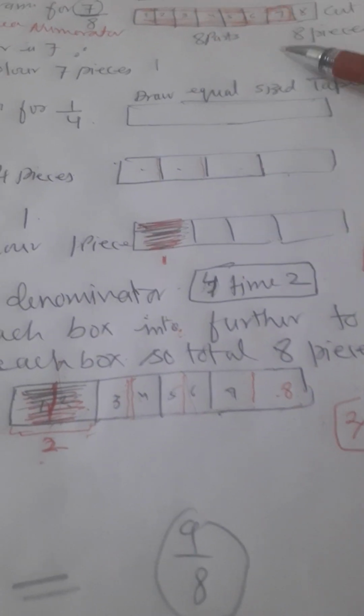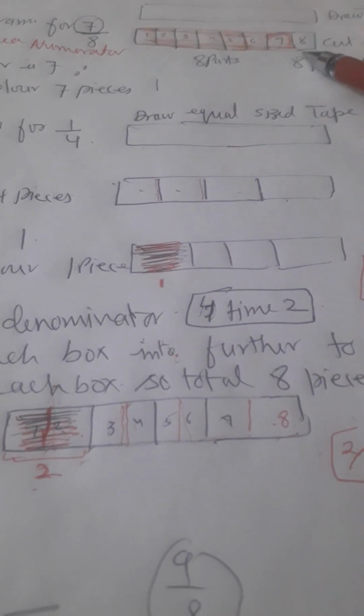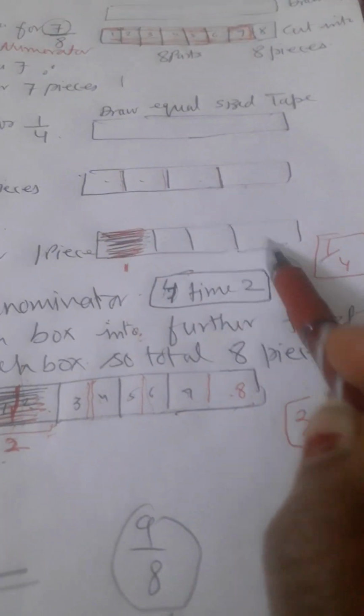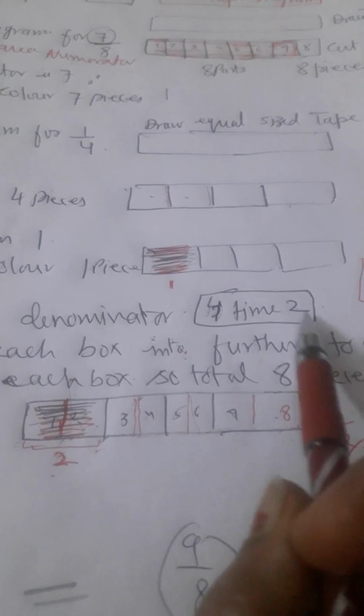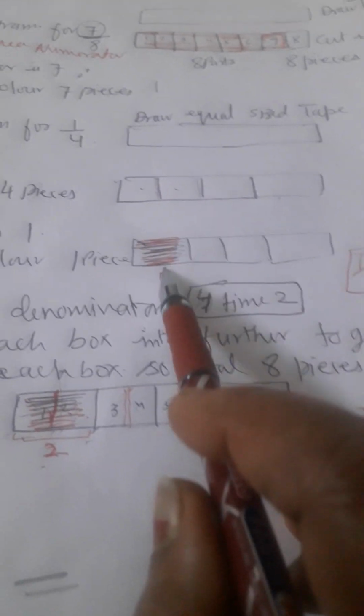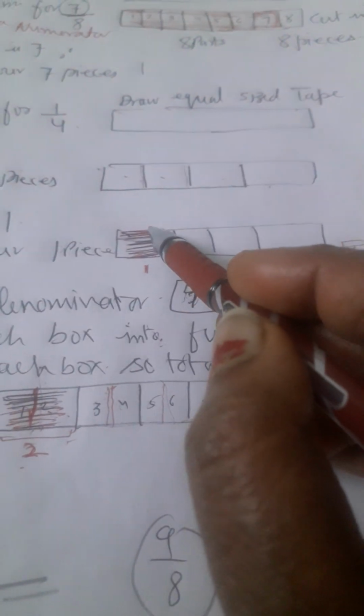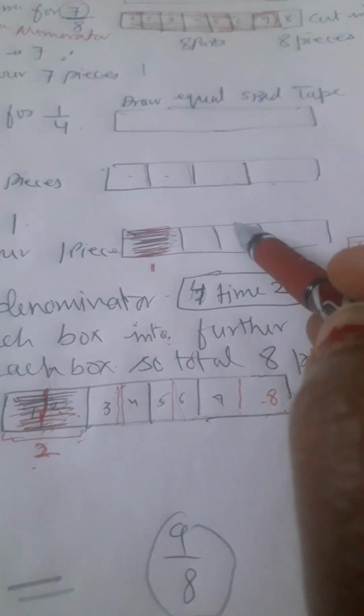Now we have to match the denominators so they are the same. Since I have cut 7/8 into 8 pieces, we have to cut this also into 8 pieces. How can we do this? 2 times 4, 4 times 2 is 8. There are 4 boxes, so we will cut every box into 2.